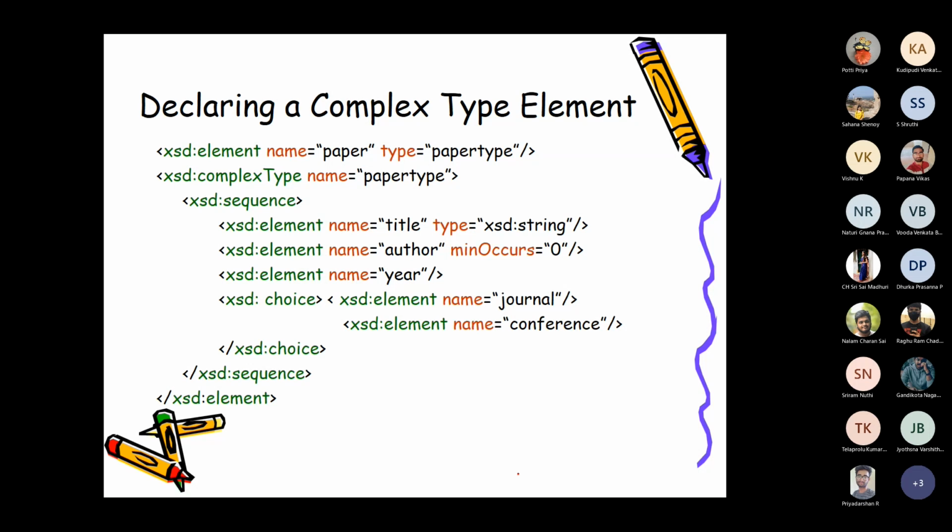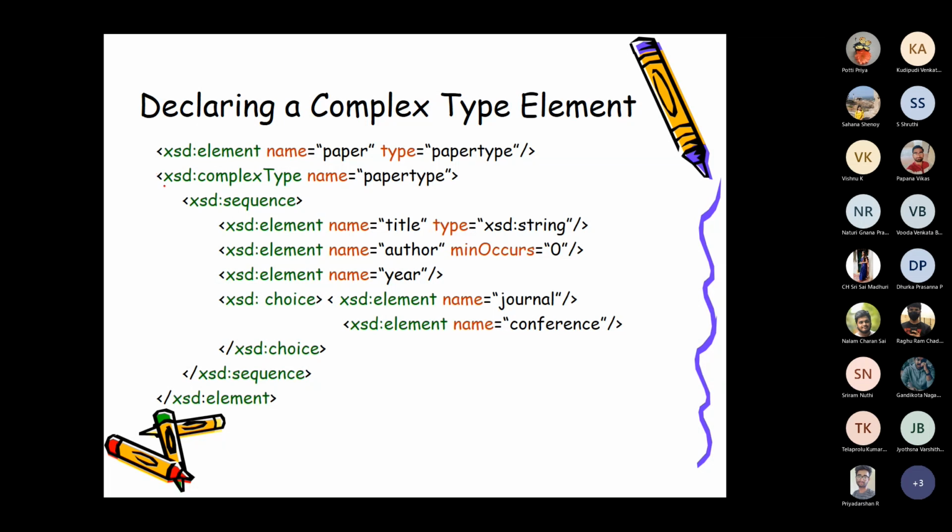But have I defined it anywhere? The answer is no. So the next thing I have to do is define paperType. And paperType is not a simple type element, rather it's a complex type. That means the paperType element contains child elements as well as attributes as well as mixed content. So I'm trying to make the complex type.